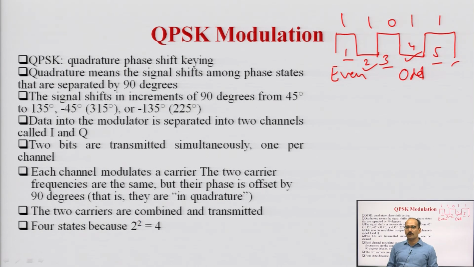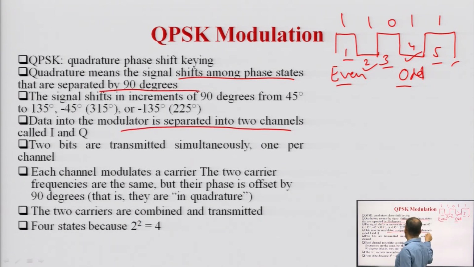Now you are going to modulate the individual even bit stream and odd bit stream by using two different carriers which are quadrature to each other, meaning one is an in-phase carrier and the second one is a quadrature carrier. As per the steps, quadrature means the signal shifts among phases that are separated by 90 degrees.